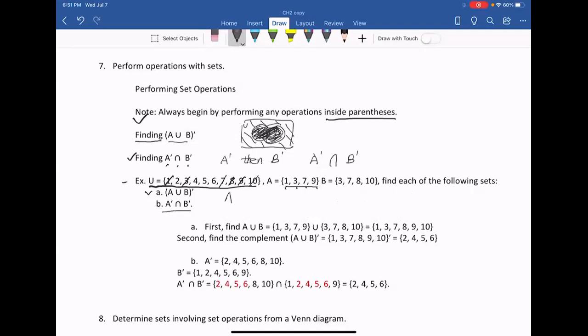So find this. First, I need to find the complement of set A. A is 1, 3, 7, 9, which leaves 2, 4, 5, 6, 8, 10.